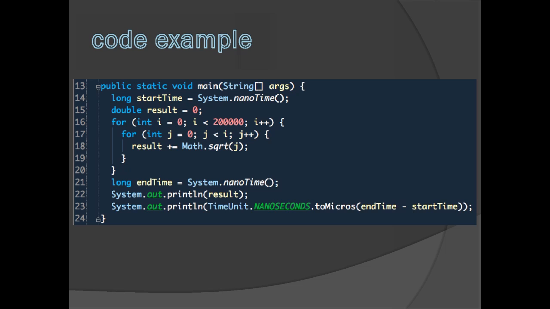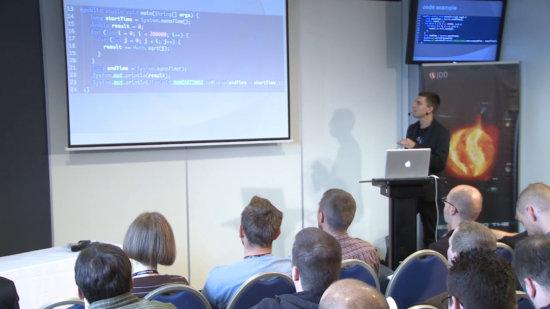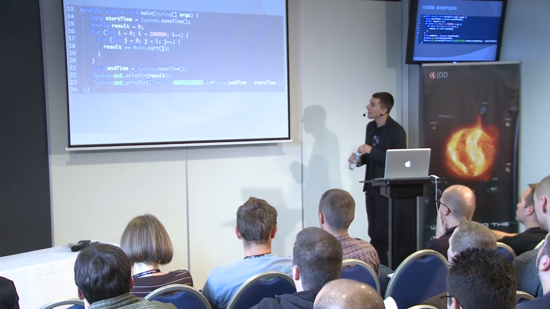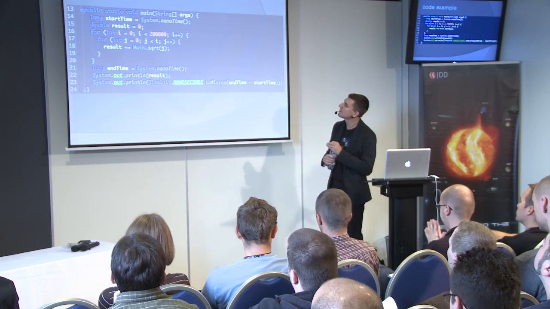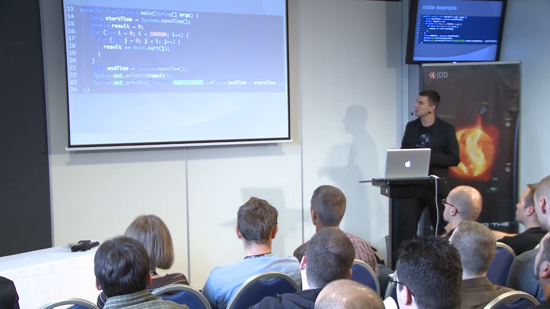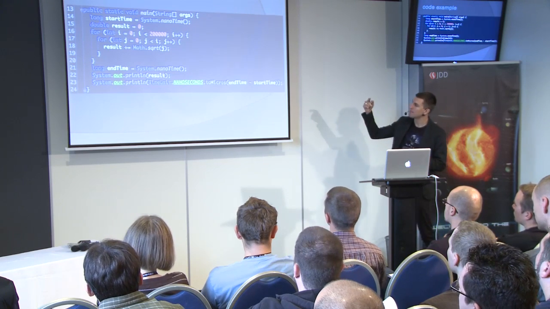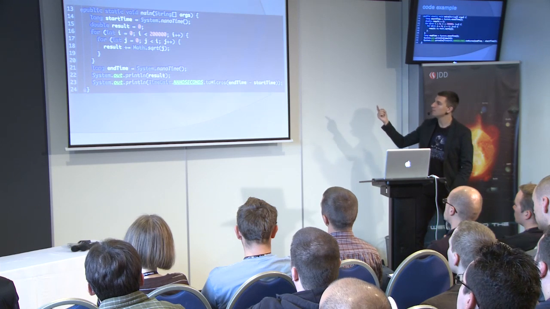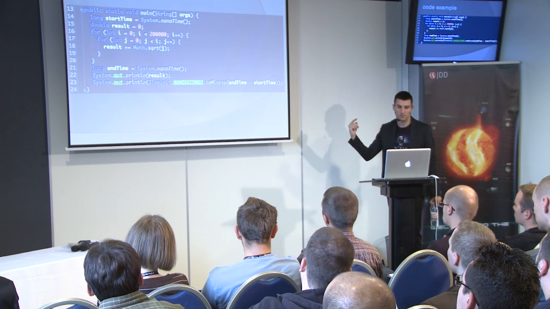And to show how it works, I've got code very similar to the first example. I'm getting the start time, doing some iterations, counting square root, getting the end time, printing results, and printing the time of the execution in microseconds.